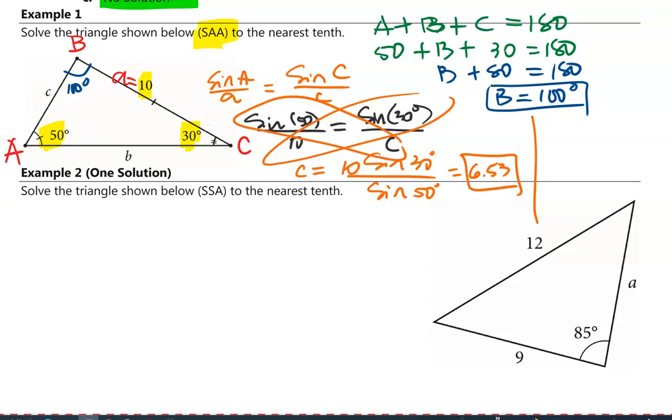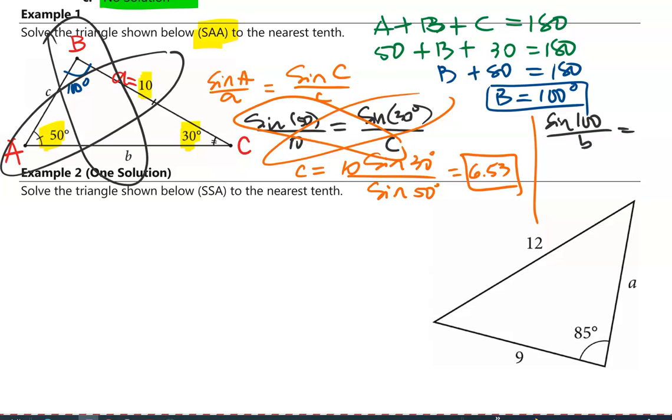For B, let's use sine of 100 over B is equal to sine of 50 over side A, which is 10.